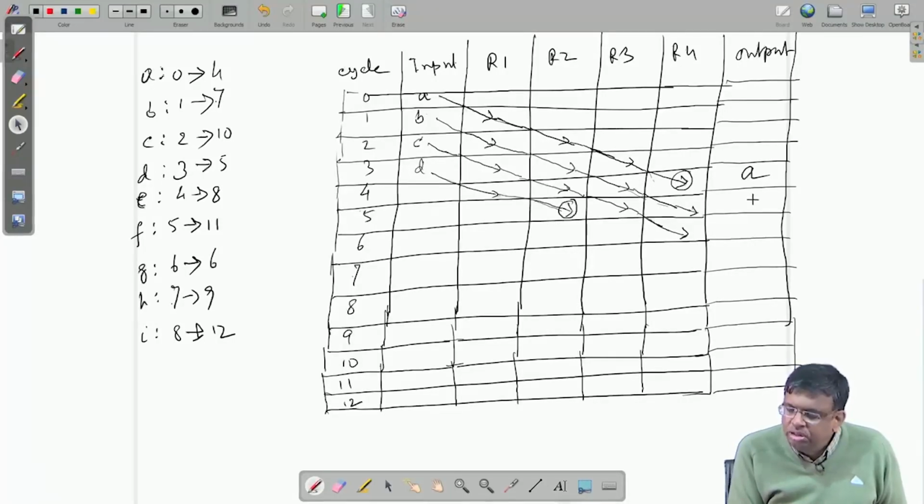I put a round here and this is my D. All right. Then comes E, cycle 4 to 8. So, I again proceed in the same manner. Now, I think you can understand 4 to 8.